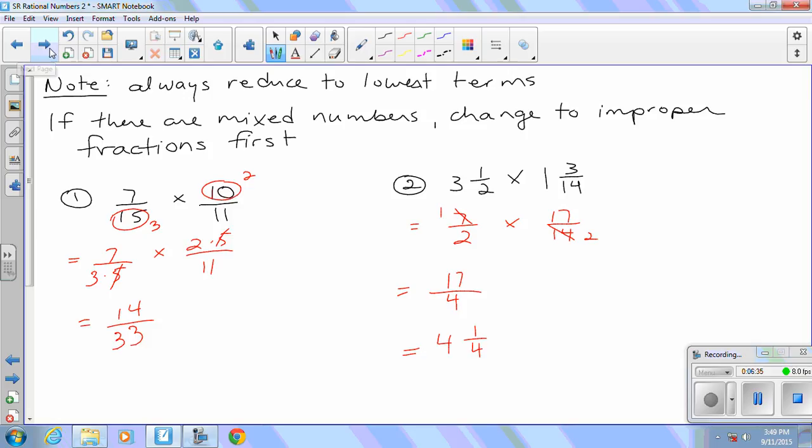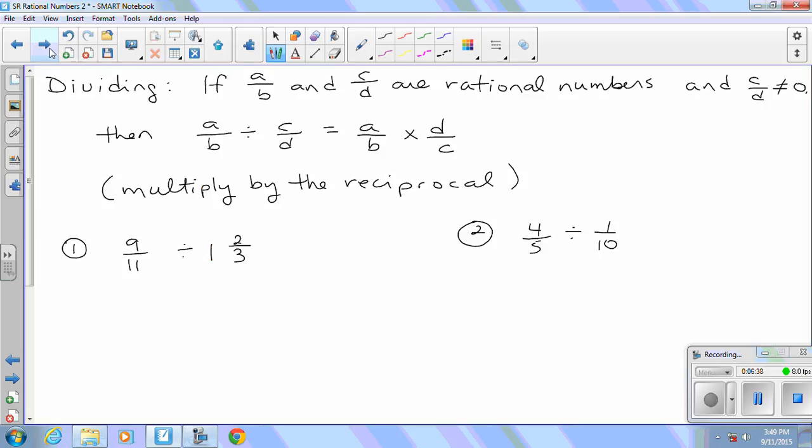If we move now to dividing, if a over b and c over d are rational numbers and c over d is not equal to 0, then a over b divided by c over d is a over b times d over c.